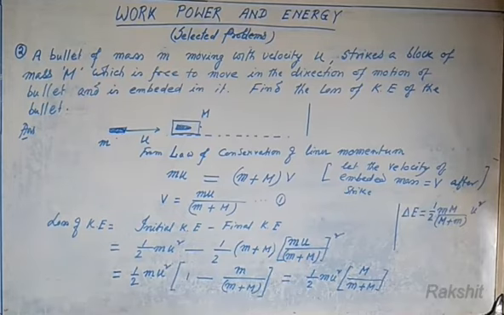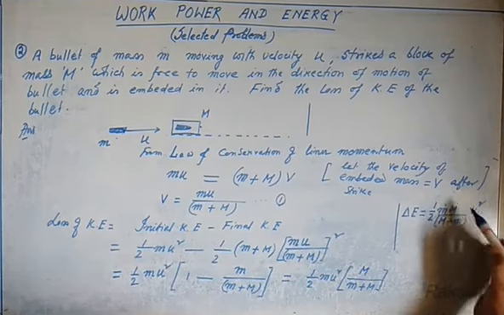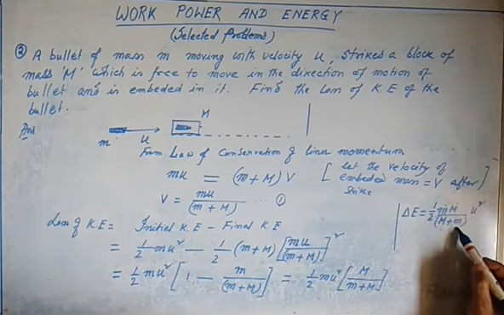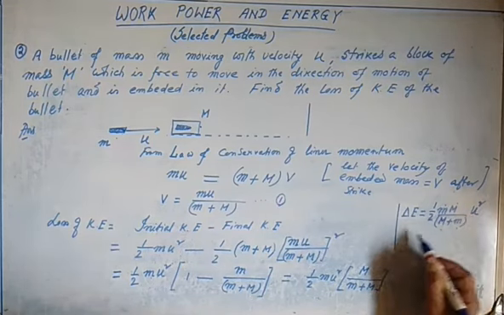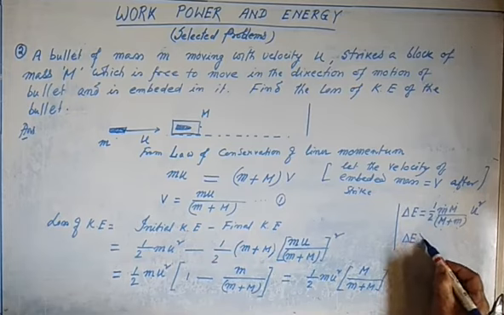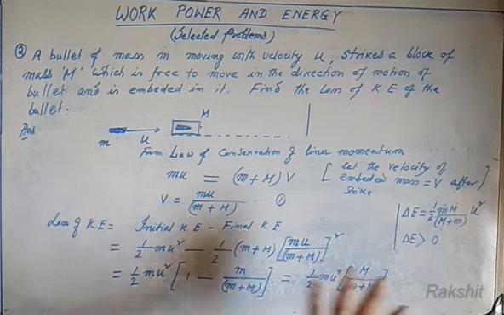This is a positive quantity, and the square is positive too, so delta E is greater than 0. That means the problem has been solved.